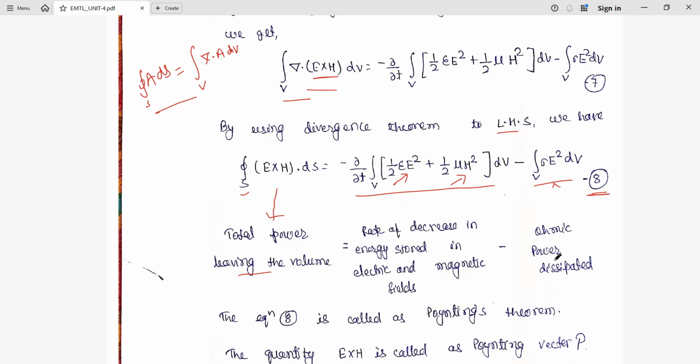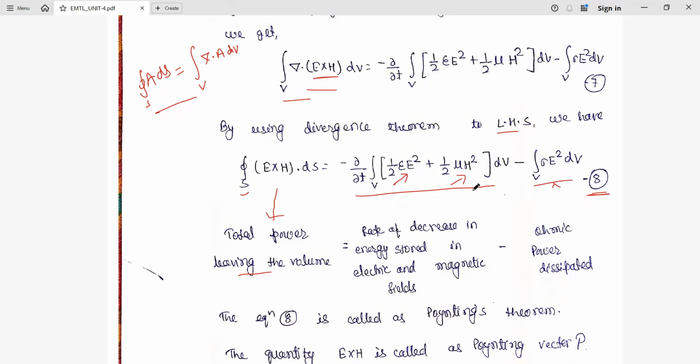So this is a very, very important question, especially for the university exam, and this concept can also be utilized for solving competitive exam questions. Here we have seen the rate of decrease happening inside the volume and power leaving the volume, and another decrease is happening indirectly, that is the ohmic loss.